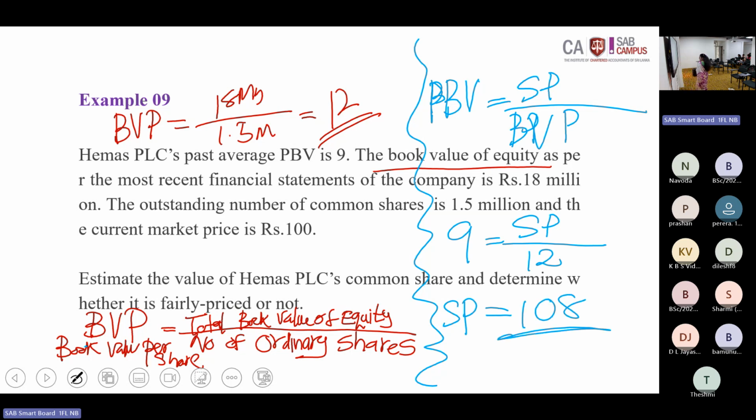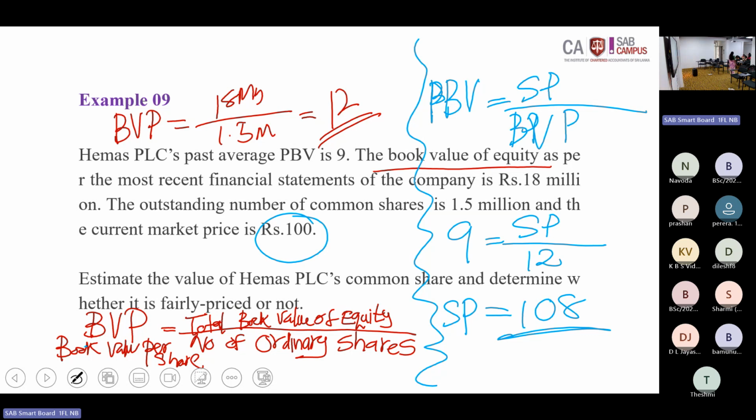If the market identified the value of the share as 100, is that overpriced, underpriced or fair price at the market? Yes, exactly, that is underpriced at the market. Why? The real value is 108, but it is trading at 100 rupees at the market. So therefore, at the market, that is underpriced.